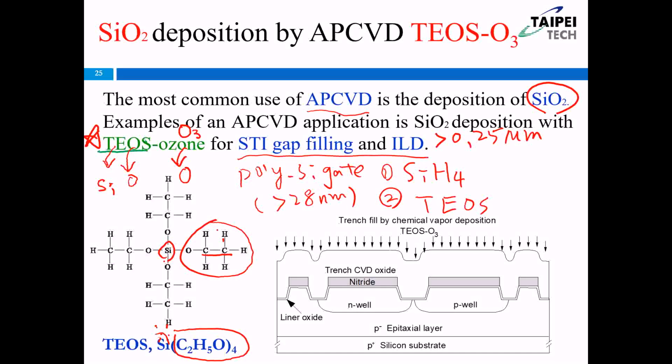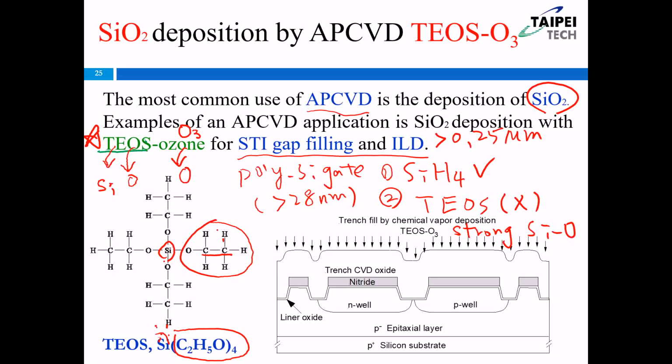TEOS has a very strong silicon and oxygen bonding, so it's not easy to get pure silicon from it. It's better to use silane to deposit the silicon. If you want to deposit the silicon, you use silane, okay?